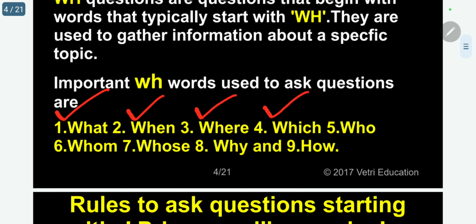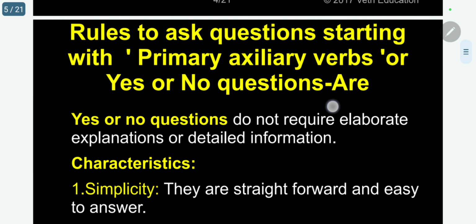Number four, which? Number five, who? Number six, whom? Number seven, whose? Number eight, why? And number nine, how? Among these nine, starting with WH, the only question word that is how, the order is reversed. That means H comes first, W comes last. That important point you must remember.